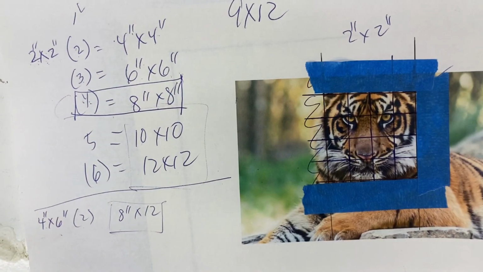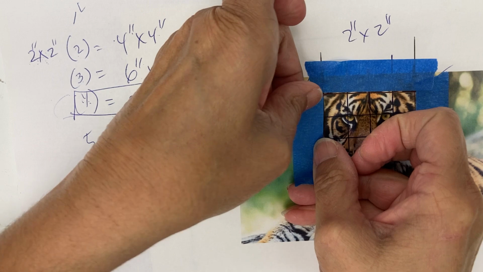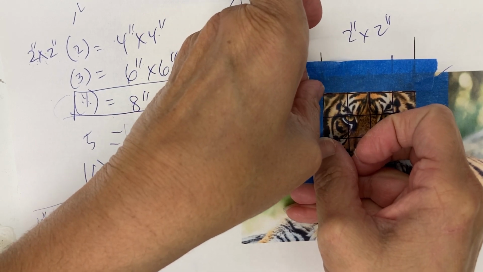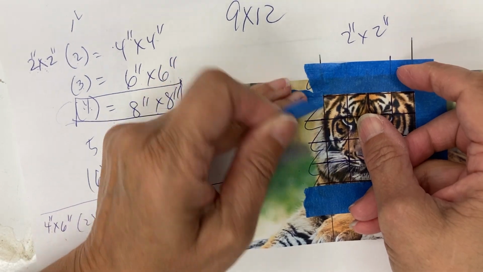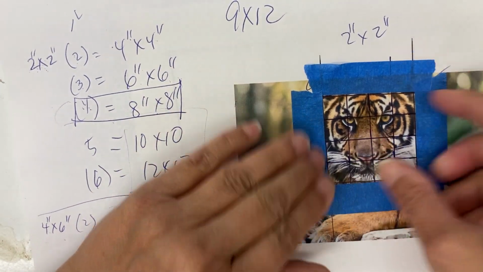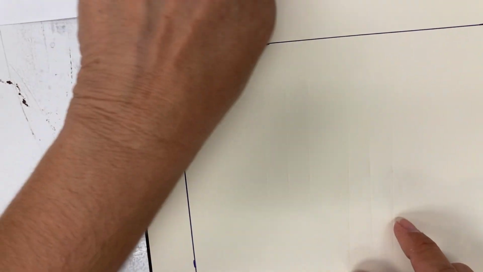So here's now my 2x2 section that has been gridded, and now I'm gonna go with the proportion. Proportionately, okay, the 2x2 now becomes a little larger. I'm gonna do the same division, okay?